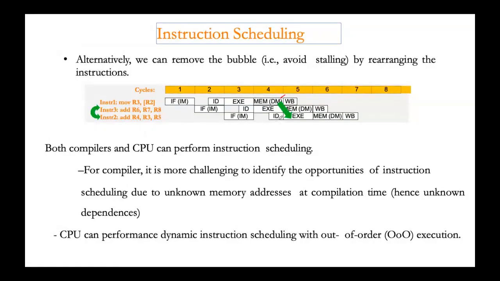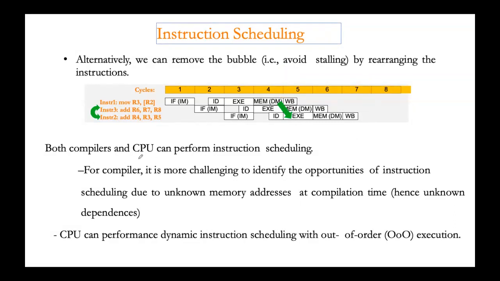In the fourth cycle, it will decode. By the time it decodes, the interstage buffer of your memory of your first instruction is ready with the value, which is the effective address calculated here. That will be utilized by your instruction 2 to execute. So that will reduce one cycle.